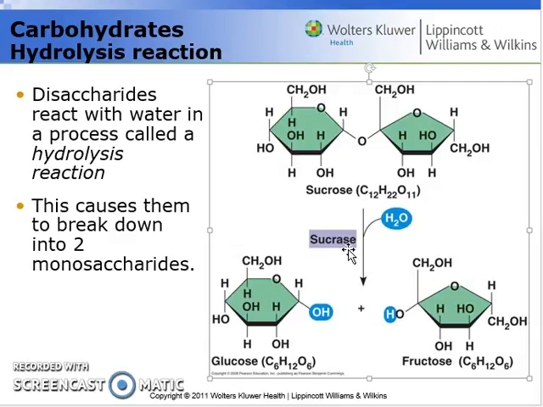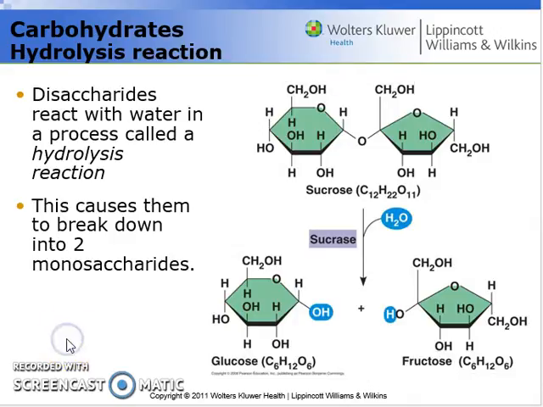So sucrase is very specific, and it will only break apart the monosaccharides of a sucrose molecule. So this is our sucrose molecule. Both sucrase and water hit this oxygen bond right here, and once that happens, it breaks apart the two monosaccharides that make up the disaccharide, giving us now a glucose and a fructose molecule.